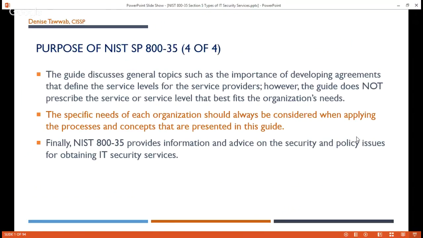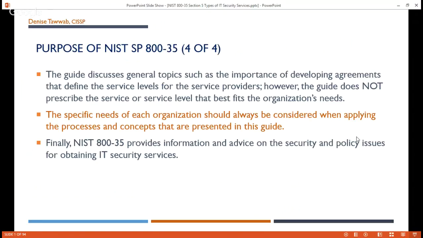Okay. This guide discusses general topics, such as the importance of developing agreements that define the service levels. So you're not just out there choosing providers, you have to agree on what's going to be provided. What we don't do in 835 is really give you prescriptions on exactly what your service or service levels need to be.